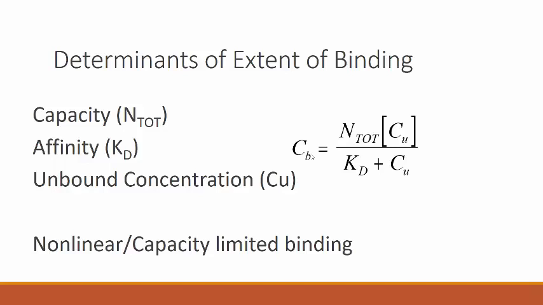Now, as you can see, in this denominator we can see that concentration is a determinant of our concentration bound. So this allows for a nonlinearity, but I'm not going to get into that now. It's a little too confusing, so don't worry about that for now. But anytime you have a concentration here, we have the possibility for nonlinearity.